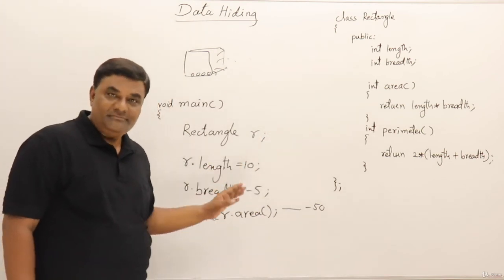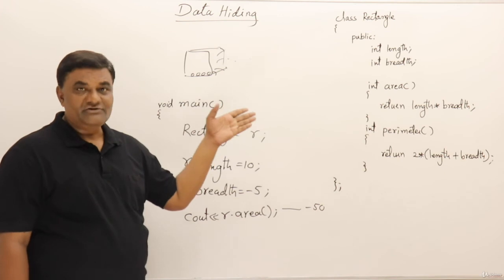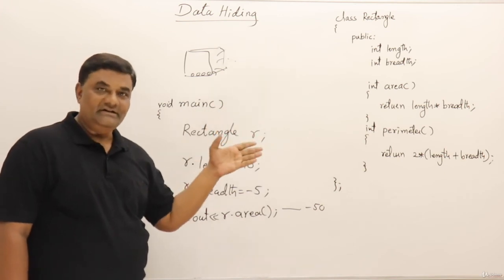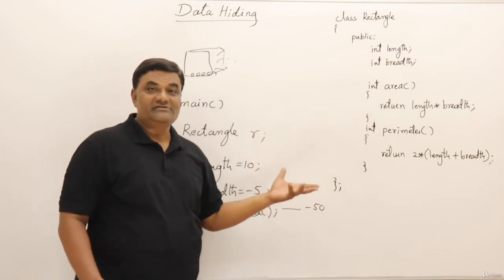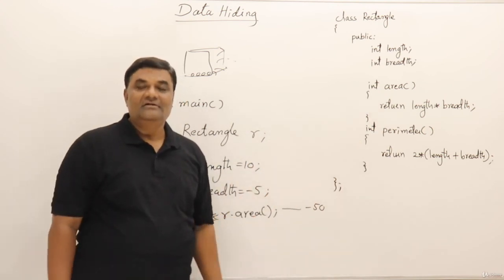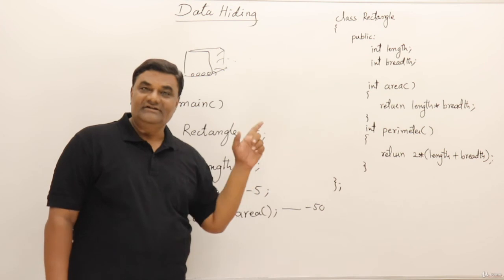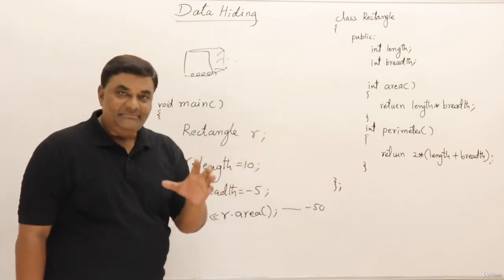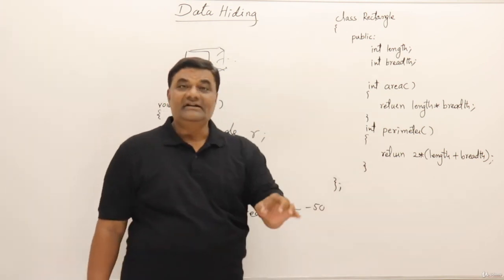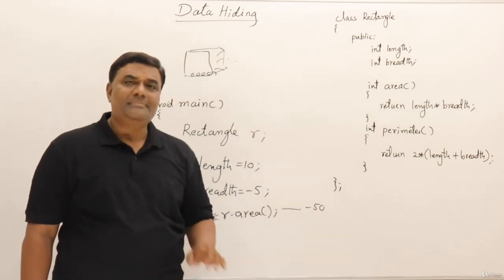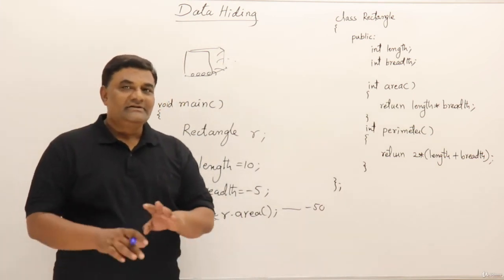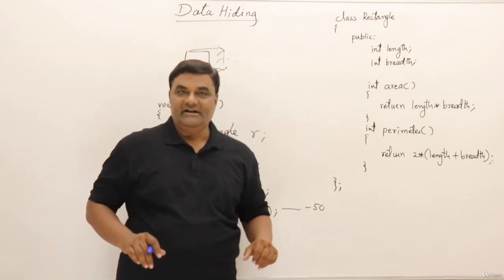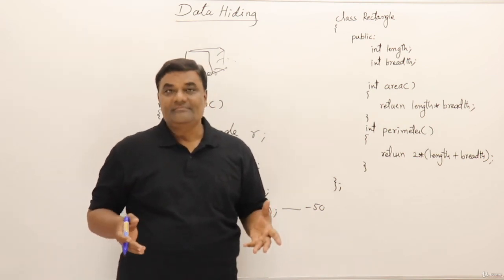Though it is a mistake of the programmer, the class will also be blamed equally for giving wrong results. What was the class doing when the programmer was setting it to -5? So the class is equally blamed for that. And we are claiming that when we write classes, we write perfect, flawless code. So that's all. I have given you the philosophy behind this one. Now what to do?